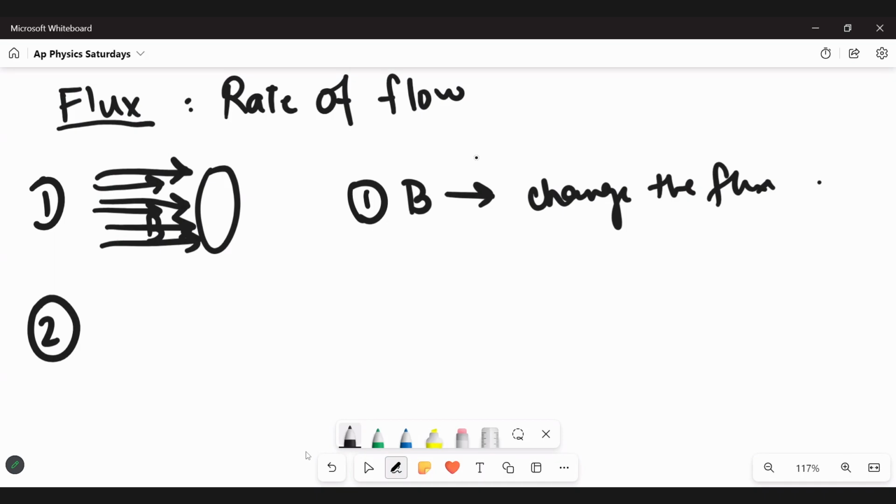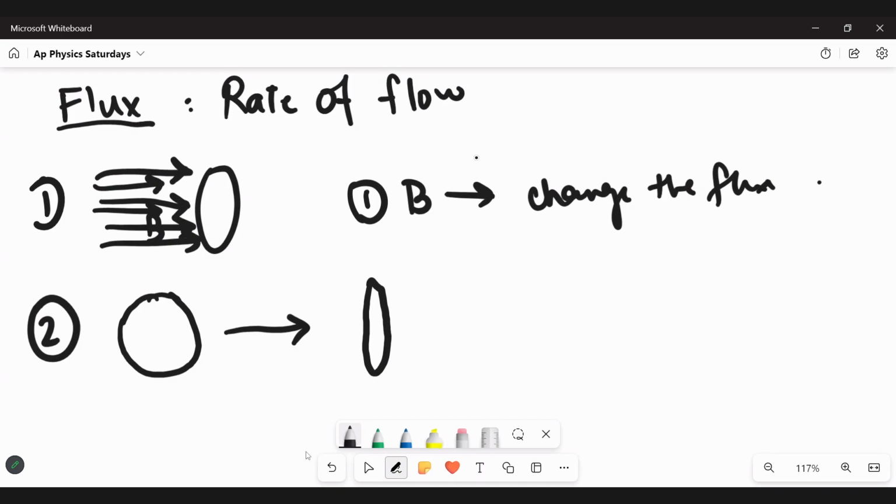But if I rotate this coil like this, do you think the magnetic field lines passing through the coil will be the same? No, they're changing, right? It depends on the orientation, the angle.